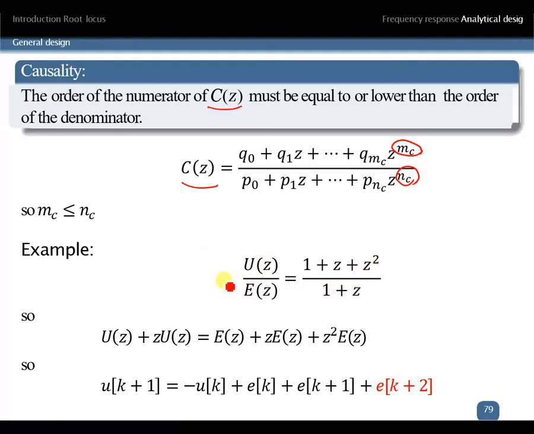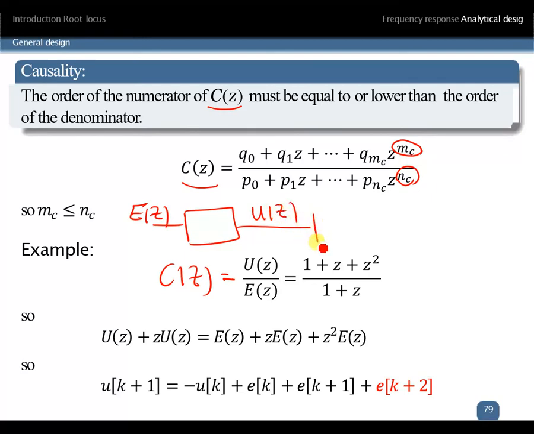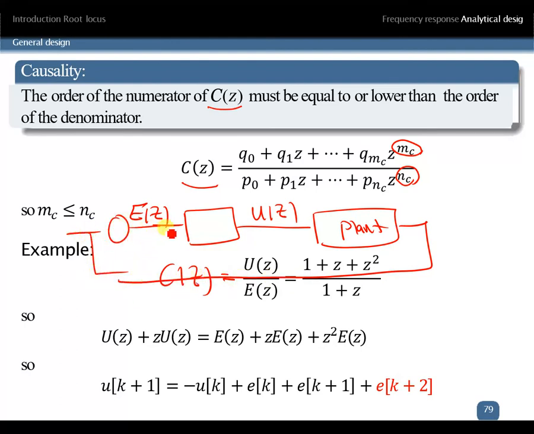This is the C(z). Why C(z)? Because if it's a controller here, here is E(z), here is U(z), the input of my plant, and here they make your system. That means C(z) becomes U(z) divided by E(z).